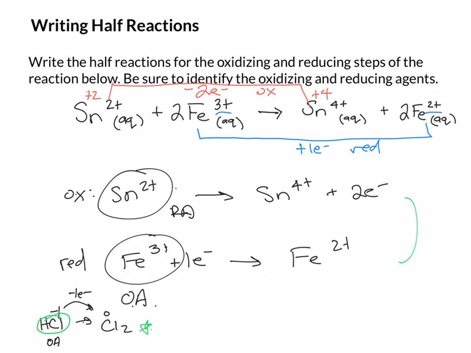The second point I want to mention is regarding the balancing of the half reactions. If I only ask you to write half reactions, this is the format that you're going to use. You're going to balance out the electrons, put them on the correct side, all of that good stuff.